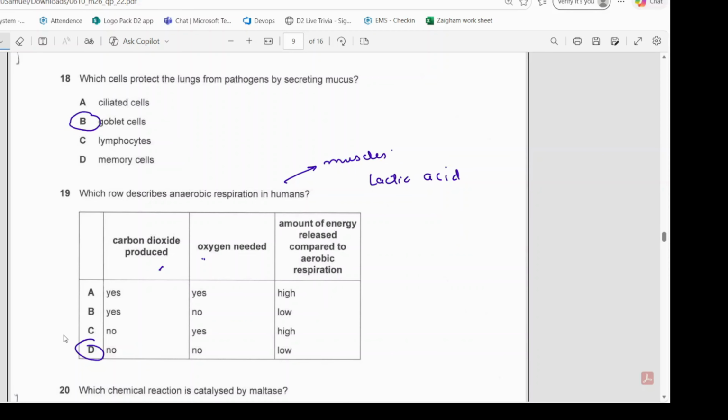So what will happen in aerobic respiration? More carbon dioxide would be produced. It's about energy as well. More energy is produced. There was one question. Okay, if you know, then it's okay.